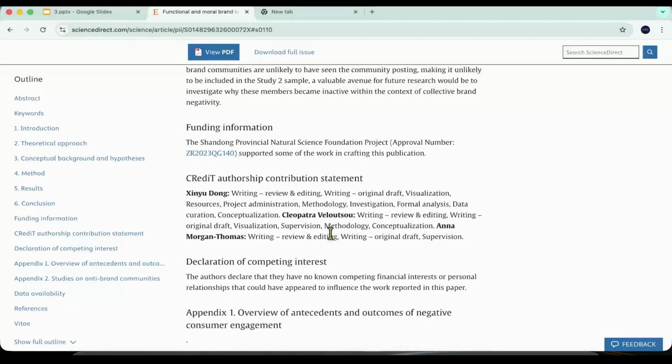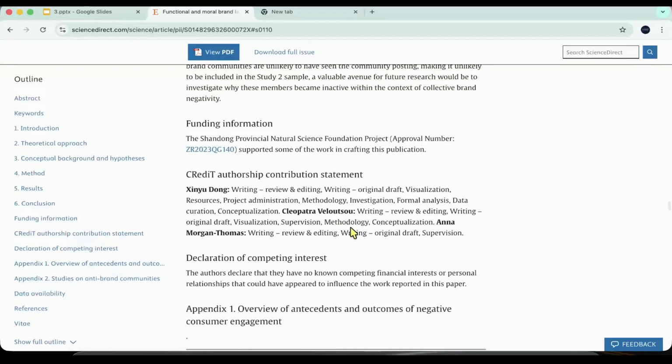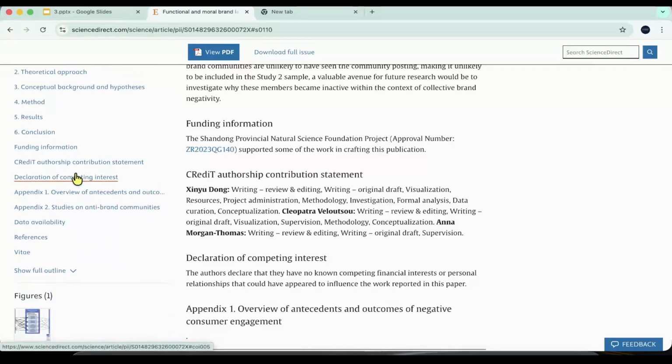So probably in future they can be approached for similar work. So this gives some clarity, and this is how it differentiates the contribution. It gives the due credit to all the authors separately.